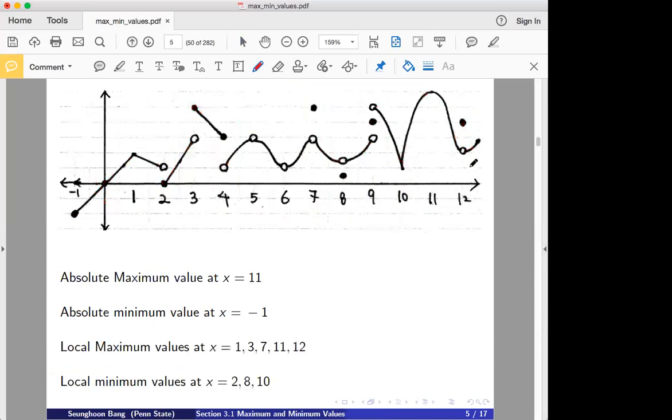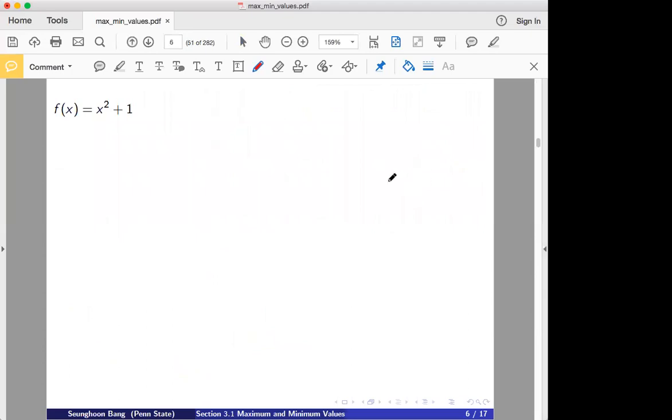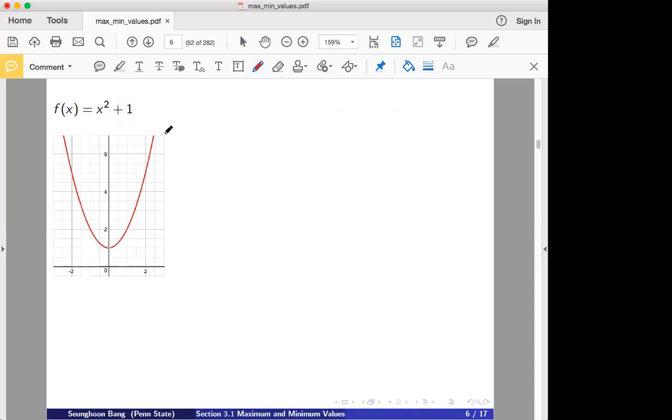So like this. Here, f of x equals x squared plus 1. So what is the graph? Graph is like this. This is going up. So like this.